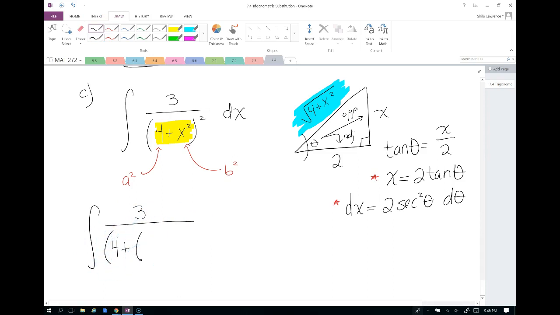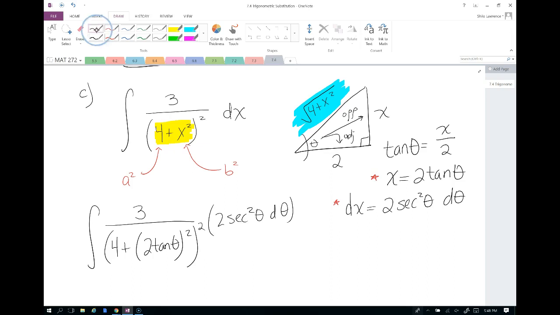So I've got 3 divided by 4 plus my x, which is 2 tan theta, squared, all squared, times my dx, which we just found was 2 secant squared theta, d theta. So I've done nothing but direct replacement at this point. I replaced the x with 2 tan theta, I replaced the dx with 2 secant squared theta.